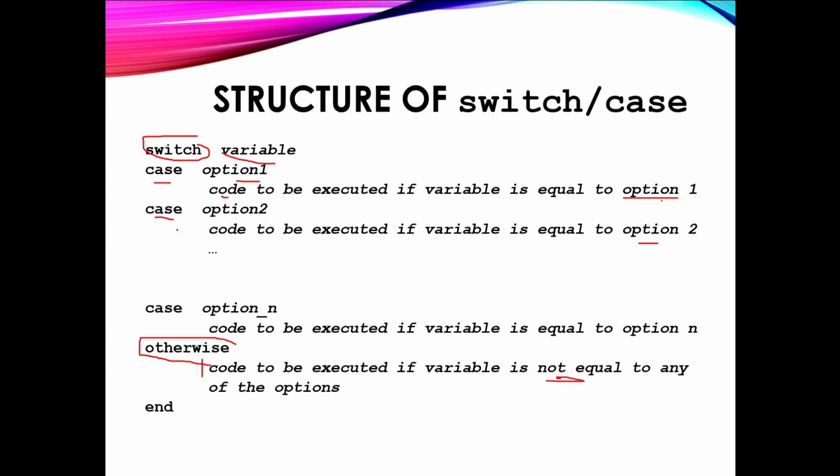For all the case options, we include the code if the comparison is true. Meanwhile, for the otherwise, we insert the MATLAB code that will be executed if the comparison is false. And finally, you end the switch and case structure with the end keyword.